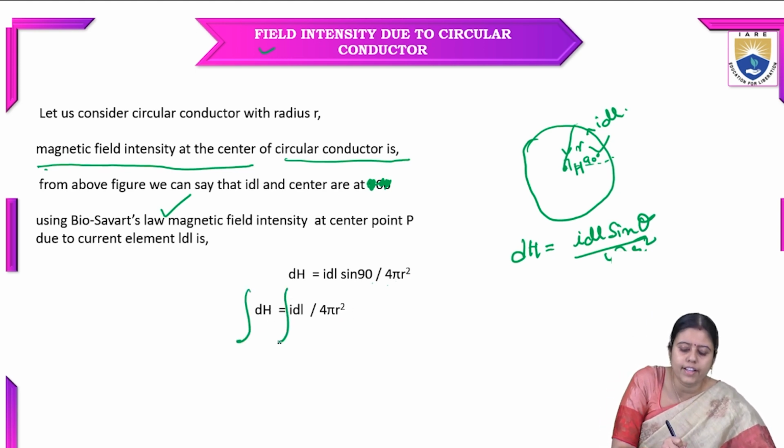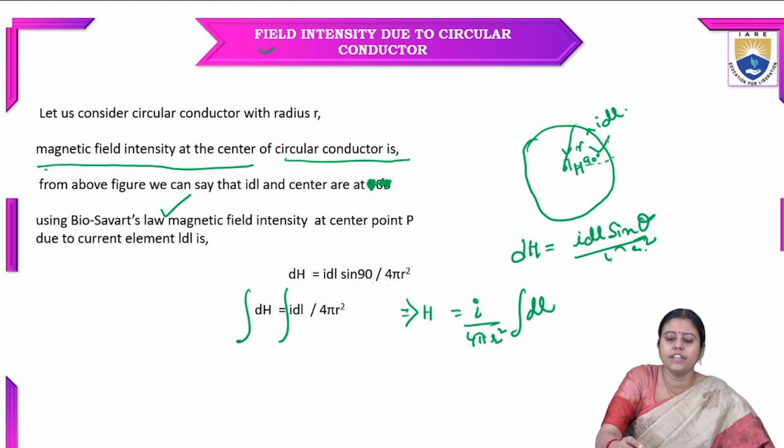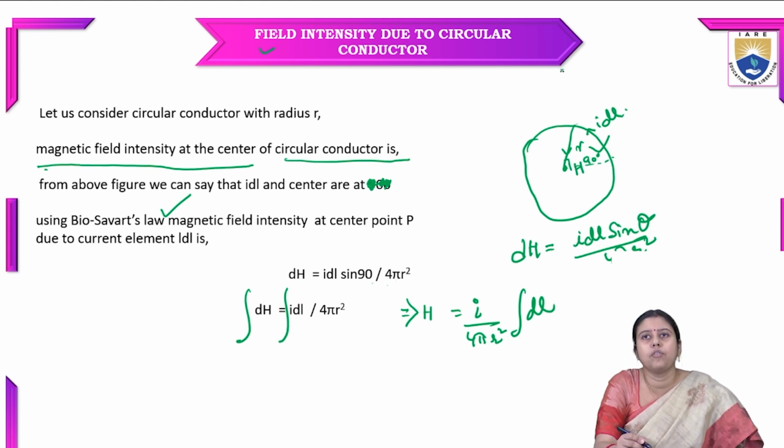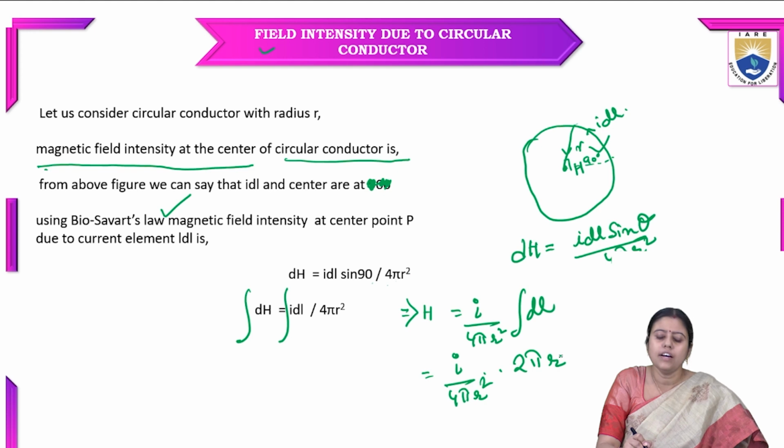So if we take the integration on both sides, we will get H is equal to I by 4 pi r square integration of dl. Now for a circular path, dl means the circular path. So we got I by 4 pi r square into 2 pi r, the perimeter of the circle.